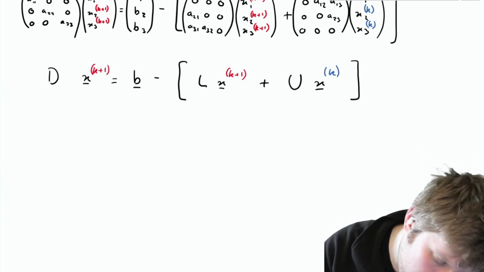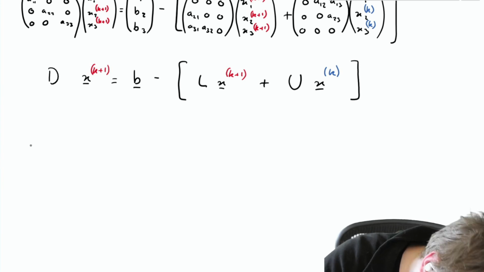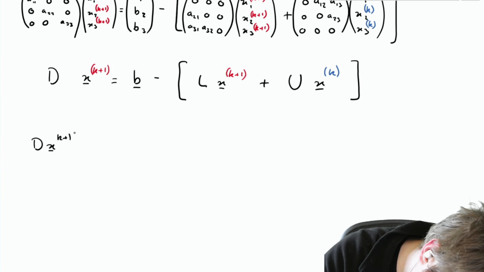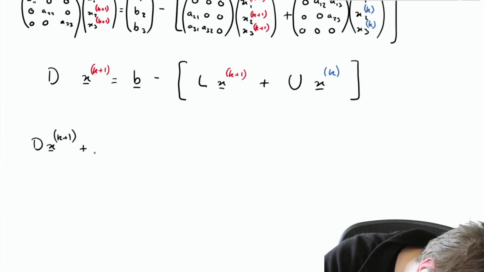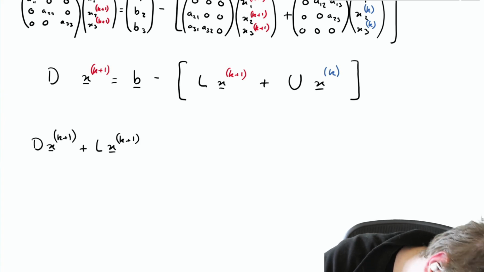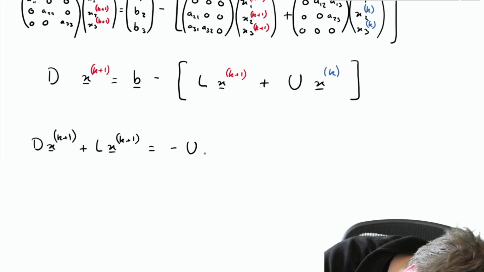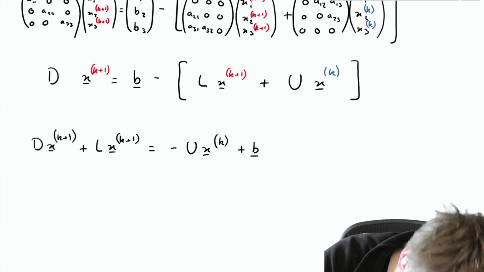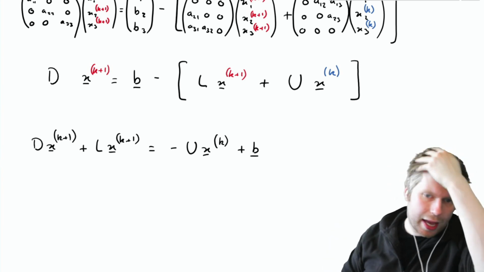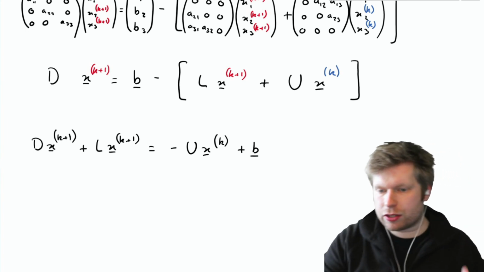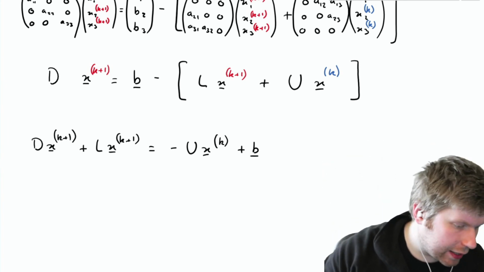So if I rearrange this, I find that D times the x at the k+1th step, plus L times my x values at the k+1th step, should be equal to negative U times my x values at the kth step, plus B. Hopefully you're happy with that, simply by expanding this out and moving everything which is multiplied by the x values at the k+1th step onto the left-hand side.